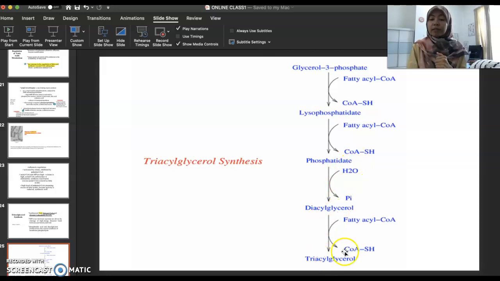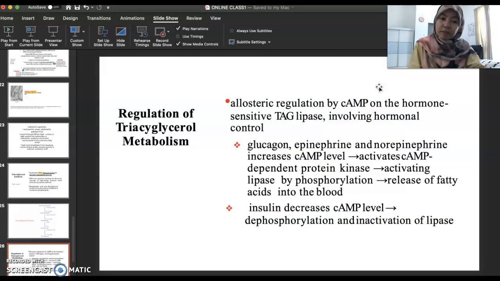So kamu nak synthesize back your TAG ataupun triglyceride from G3P and fatty acyl-CoA. Okay students, boleh? Alright, so yang ini saya rasa kamu boleh buat bacaan sendiri tentang bagaimana triglyceride metabolism berlaku. Okay, dan masih dia ada kaitan dengan glucagon, epinephrine dan juga norepinephrine. Bagaimana cascade of regulation itu berlaku.